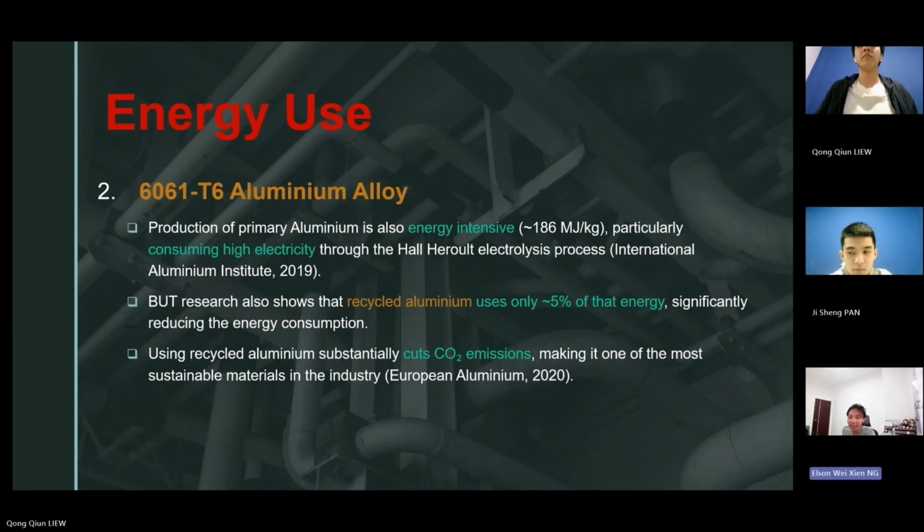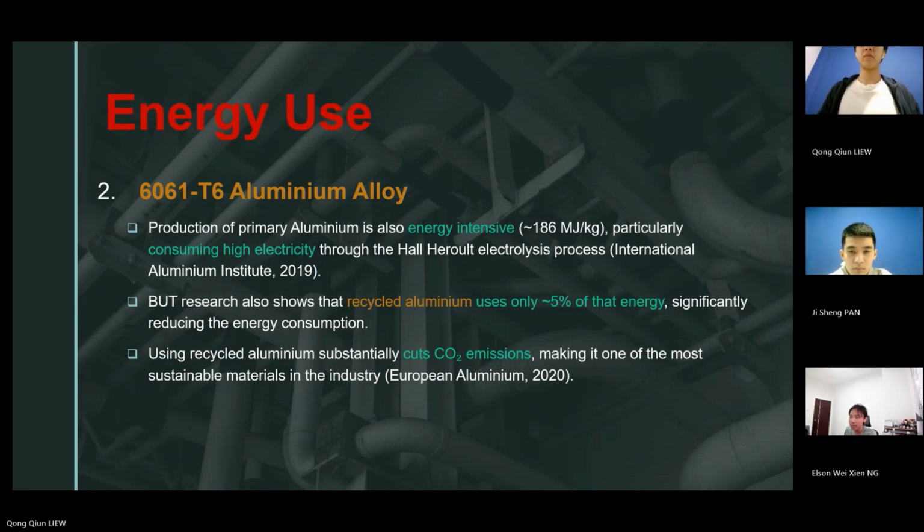Aluminum also has a high environmental cost when it is produced, but when it is recycled, it reduces energy use by up to 95%, meaning that it uses only 5% of that energy. This makes recycled aluminum one of the most sustainable materials in the industry.